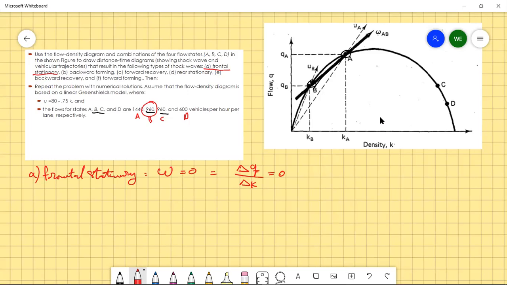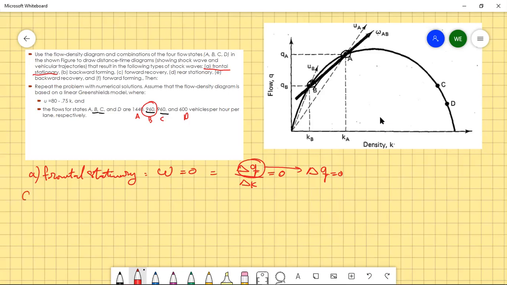Right? So surely delta Q should equal 0, because if we divide by delta K, if delta K is 0, then this is going to be infinity. Correct? So where can we get delta Q equal 0?